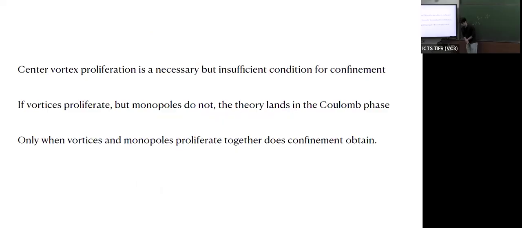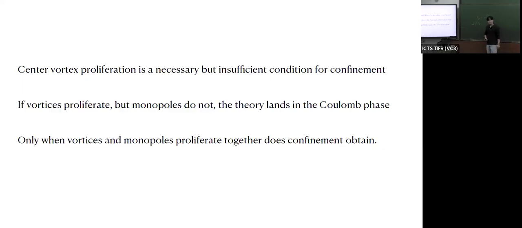Okay. So I'd just like to pause here and note what has happened. We've found that center vortex proliferation is a necessary but insufficient condition for causing confinement. This was very cleanly established in the context of this model, but I believe it's perfectly relevant for non-abelian lattice gauge theory as a matter of principle.